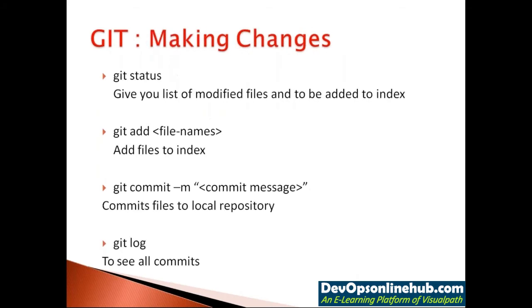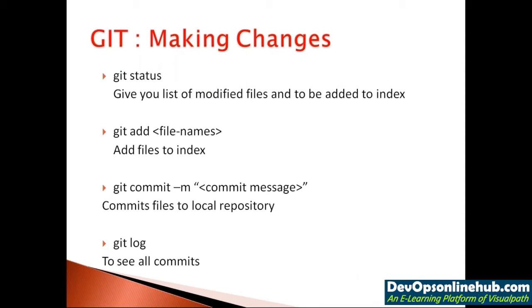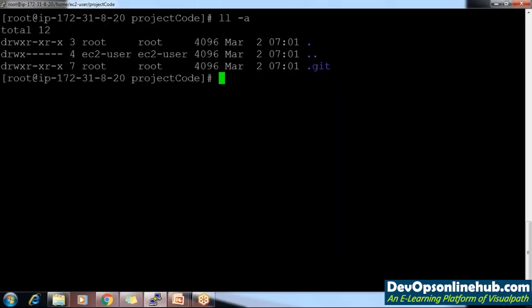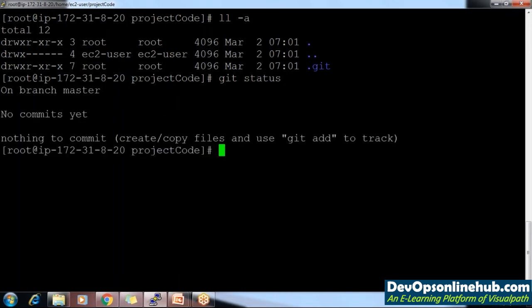So, making changes to the local repository. We will cover all these commands in our session. First of all, we will check the status of my local repository using the git status command.